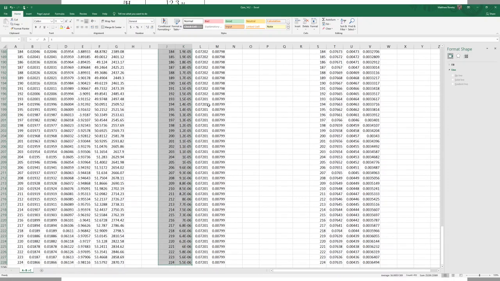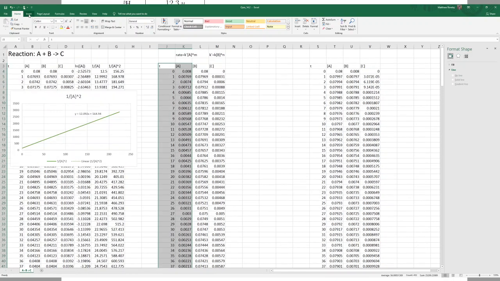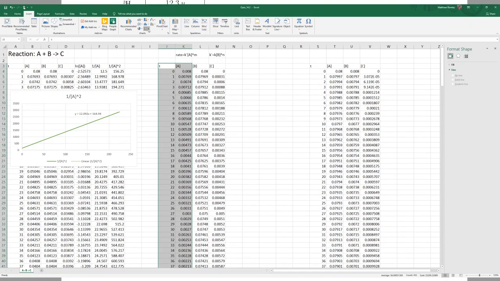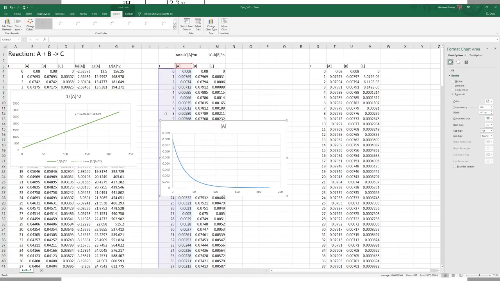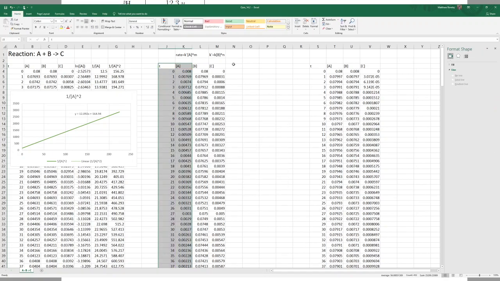So let's, with this set of data, see what's the reaction order with respect to A. Insert the concentration of A with respect to time, which is definitely not linear. So let's look at the natural log of the concentration of A over time.